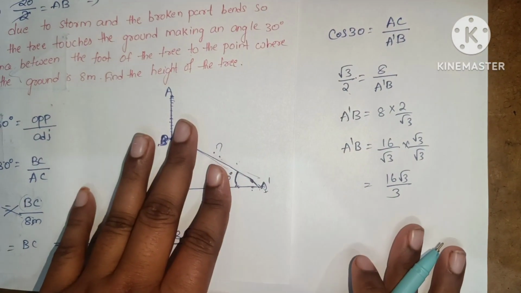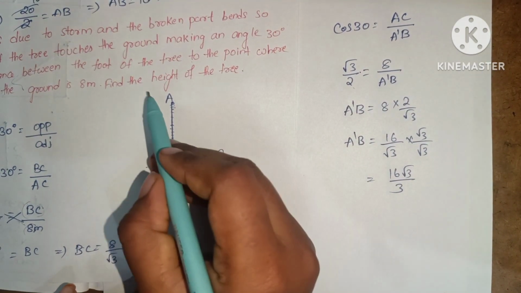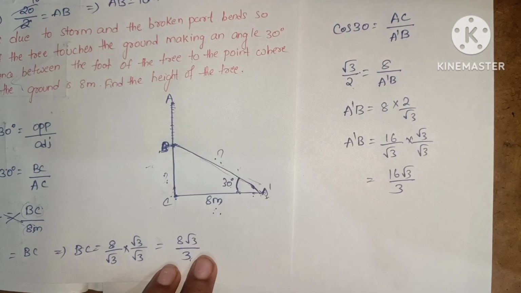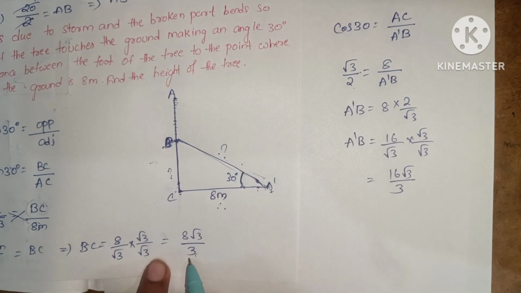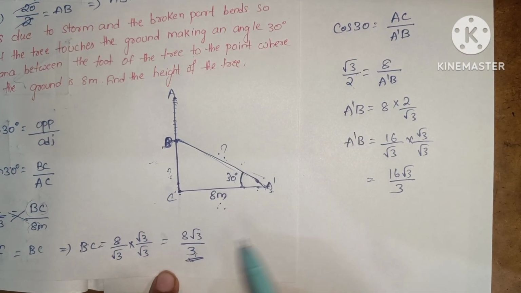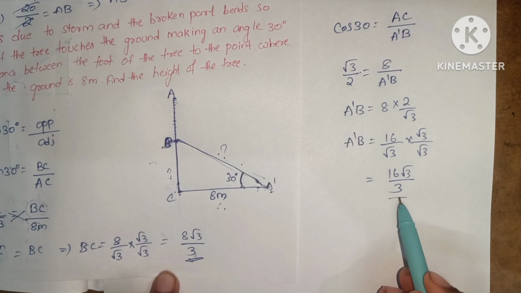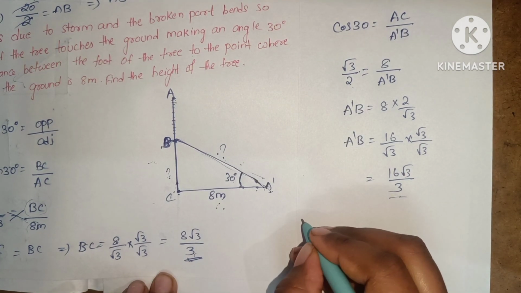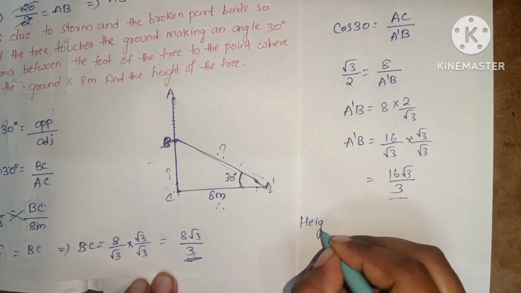So here he said to find the height of the tree. Half the height of the tree is 8 root 3 by 3. The other half is 16 root 3 by 3. Now what you have to do? You have to add here.